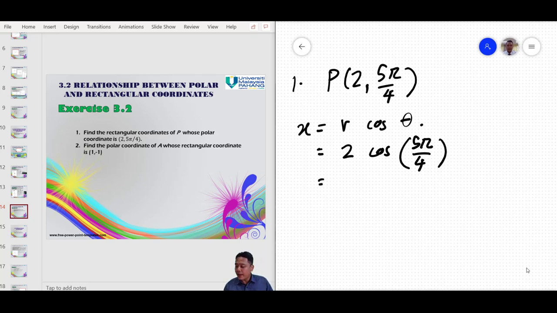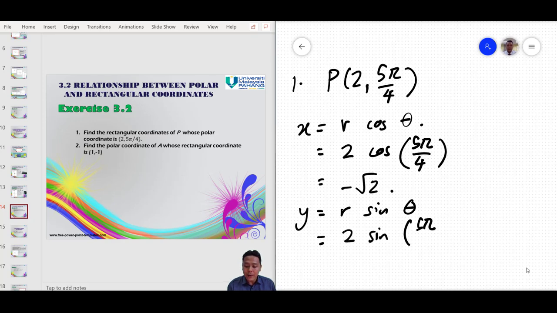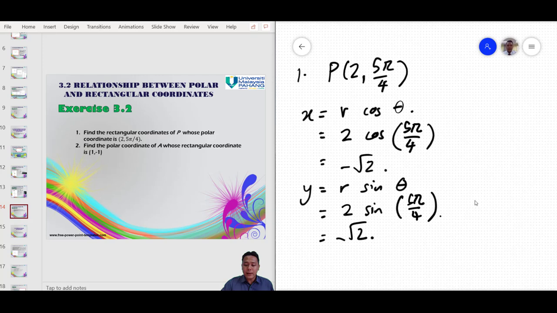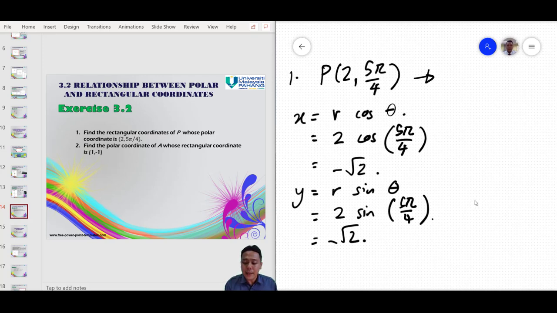So cos 5 pi over 4 times 2 will be negative square root 2, whereas y is r sin theta, you take 2 sin 5 pi over 4, which will also be negative square root 2. So the coordinate of this P in rectangular form will be negative square root 2, negative square root 2.